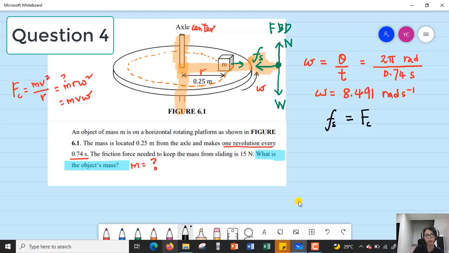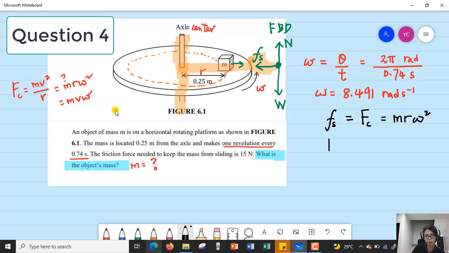So centripetal force is mv squared over r, or we might use mr omega squared, or we might use mv omega. Which equation do we want to use? We check the information given. Since we know the angular velocity, I'll use the second one. So f equals mr omega squared.